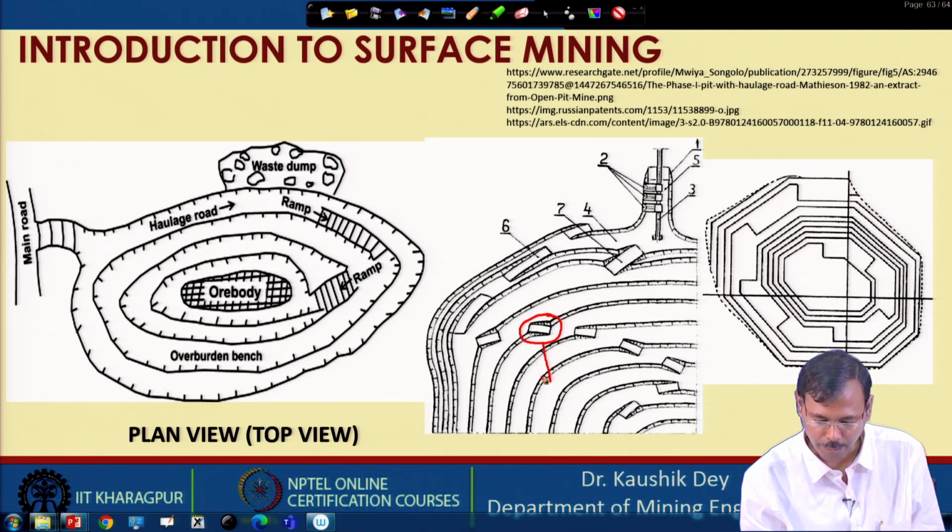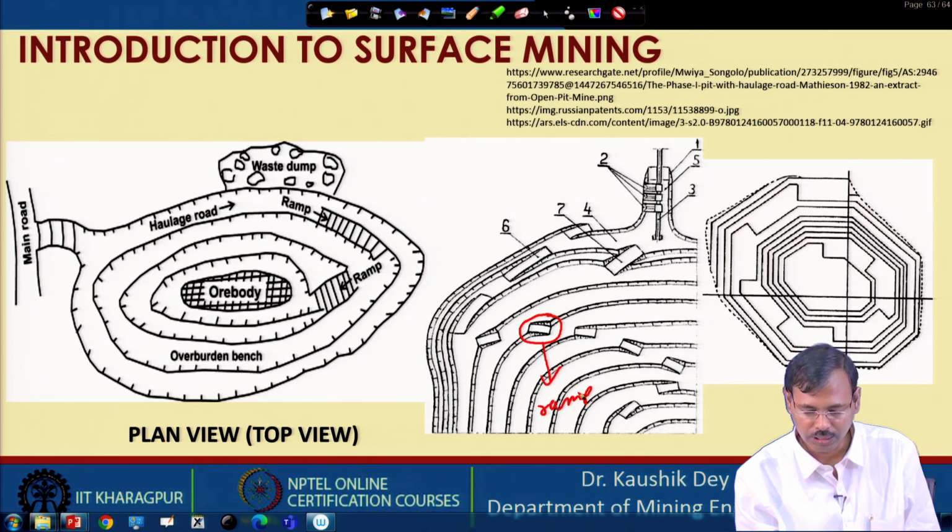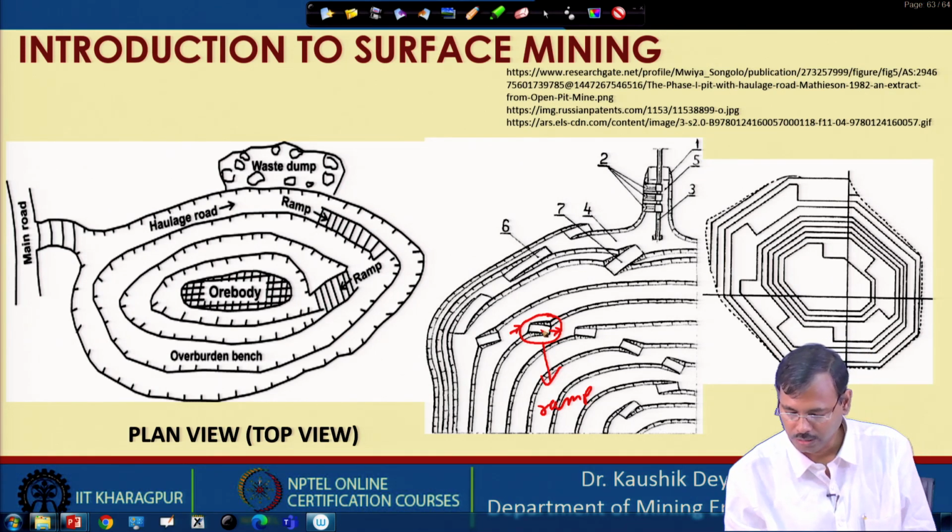This is called ramp. That means, from this level to this level you are coming through this ramp. So, in a similar way you can draw it like this.